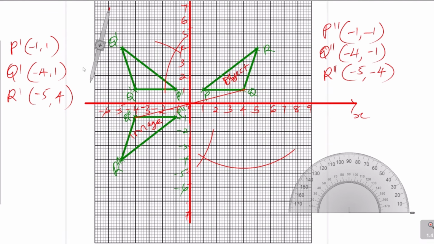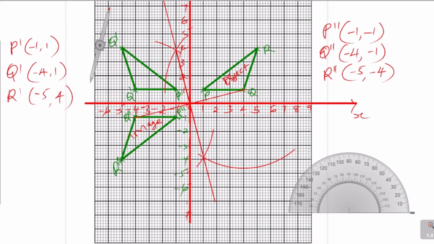Then you join the points of intersection of these arcs using a straight line, like that. It is okay.